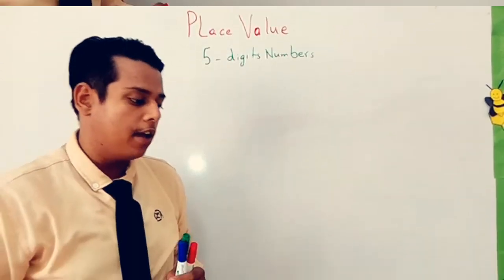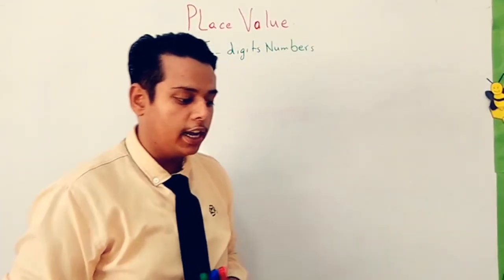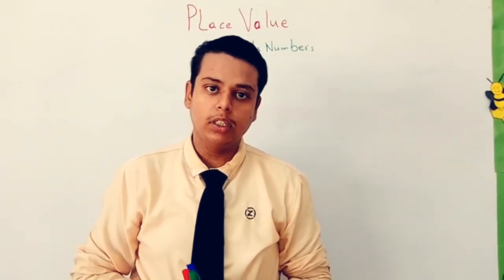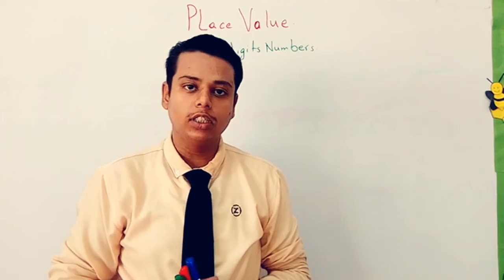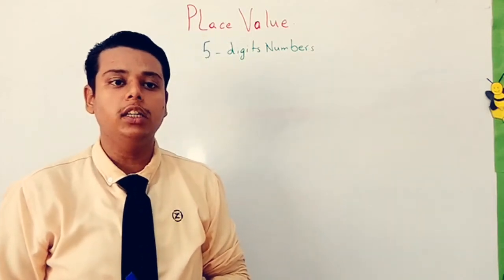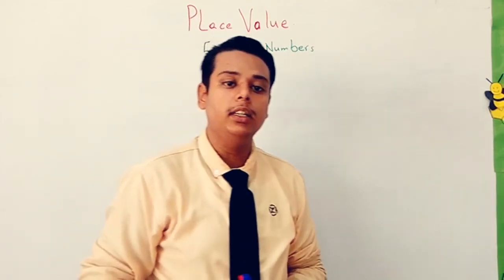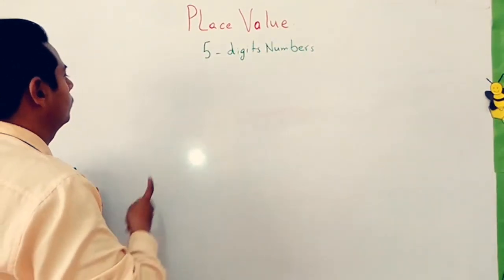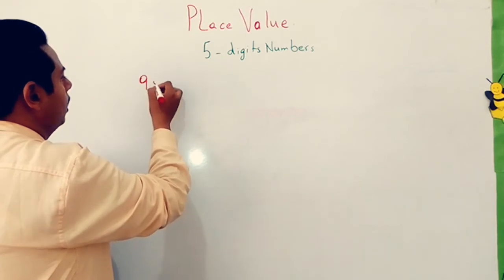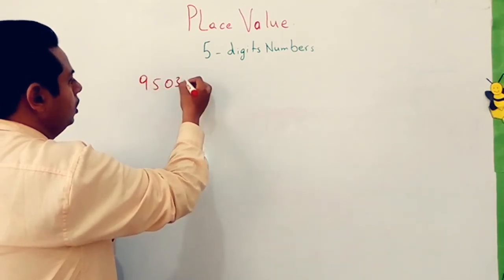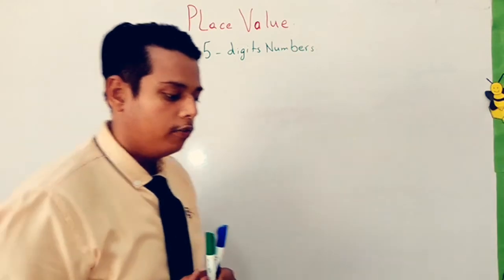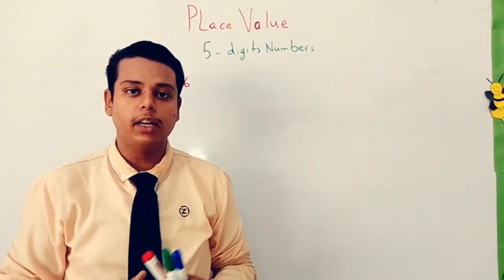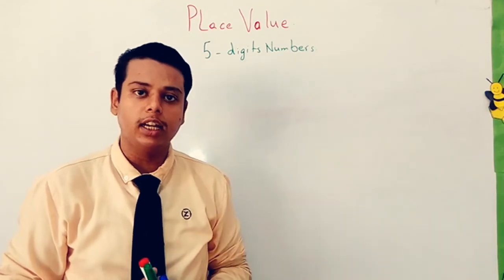Fine. Now we have to find out how many 10,000s are there, how many thousands are there, how many tens are there, and how many ones are there in any number. Let's suppose we have a number 95036. Fine. So in this, we have to separate out how many 10,000s, thousands, hundreds, tens and ones are there.